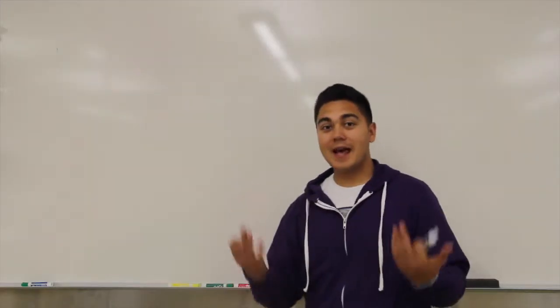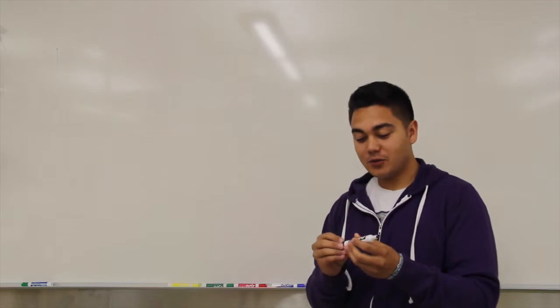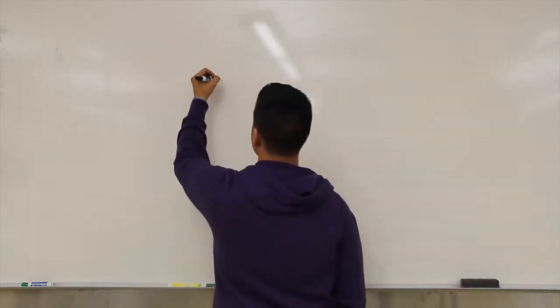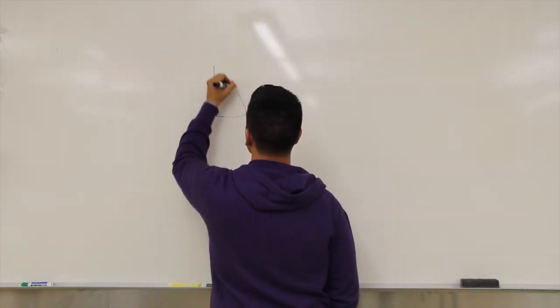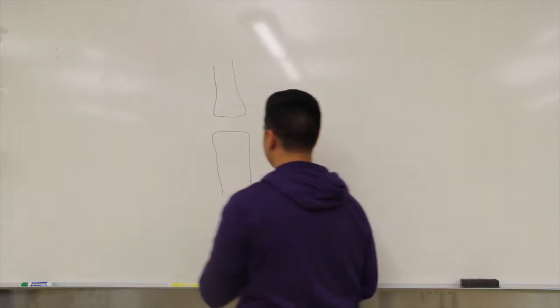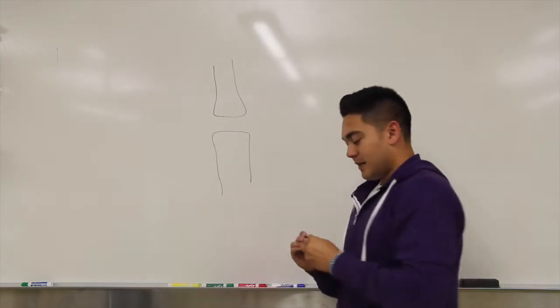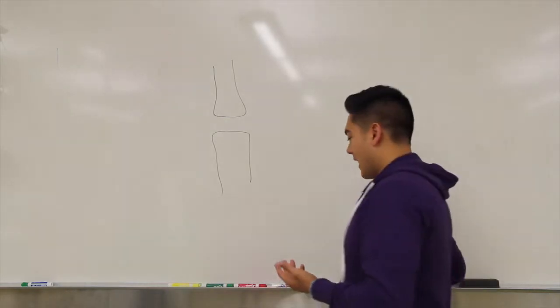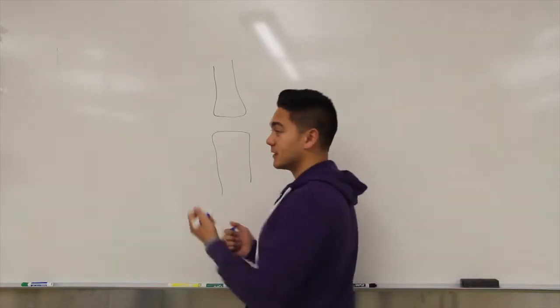So, as with any other joint, synovial joints are made of two articulating surfaces. These articular surfaces have a lining of hyaline cartilage between them.